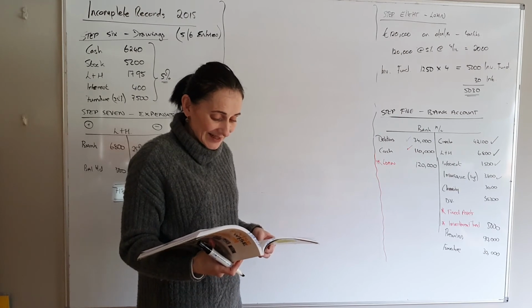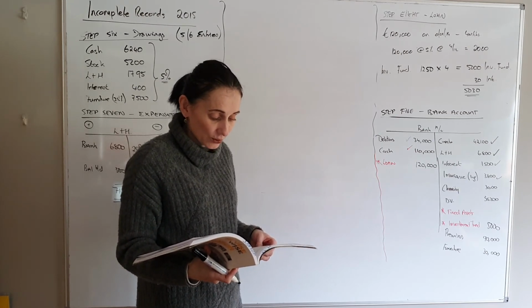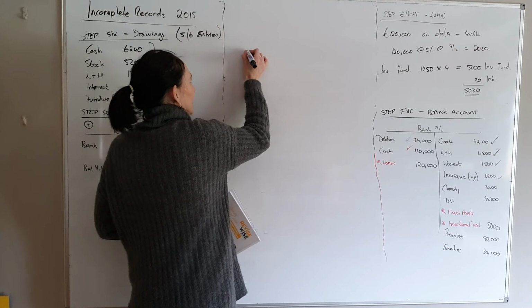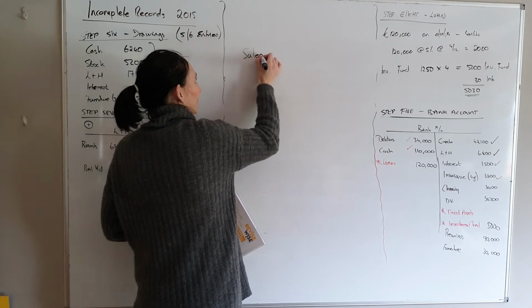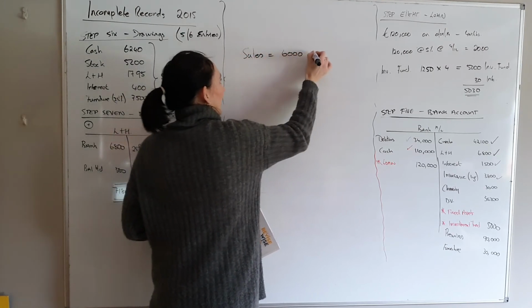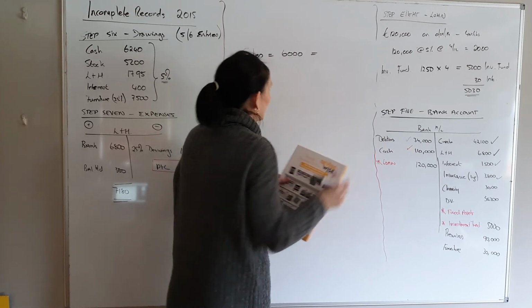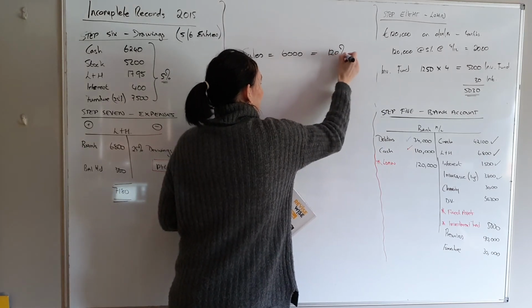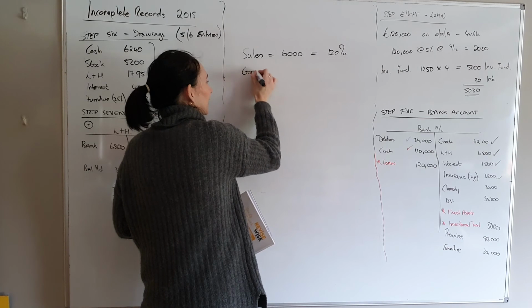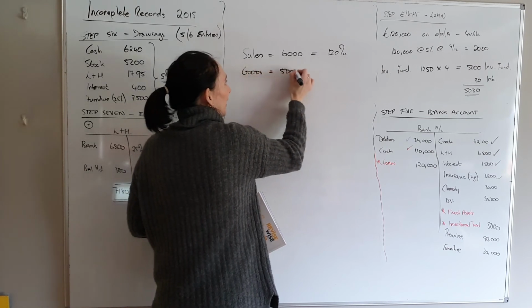You had goods with a sales value of 6,000, which had been sold at a markup of 20%. So their selling price is 6,000, and that's equal to, sorry, what was the rate? 120%. So that means that these goods would have cost you 5,000 to make.